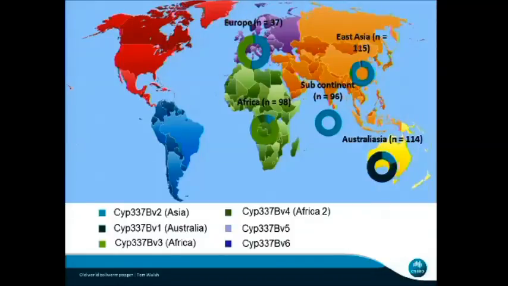Europe has a mixture of Asia and Africa, which is convenient based on its geography, but we don't actually know the origins of any of these, except probably the Australian one. It's likely to be, because it came from Toowoomba, so it's likely to be an Australian allele. And then Brazil, 100% of the individuals we look at there have these alleles. So it's possible that it came from pretty much anywhere, but we would expect to see some of these other alleles if it wasn't from Asia.